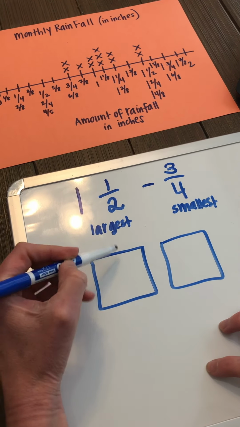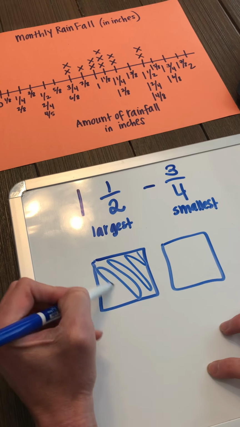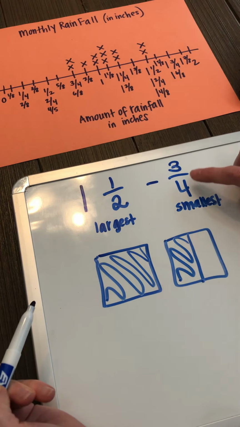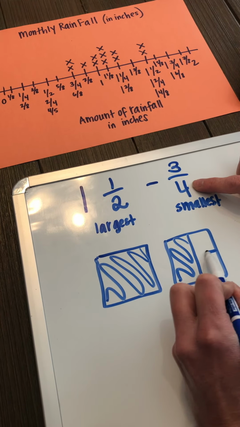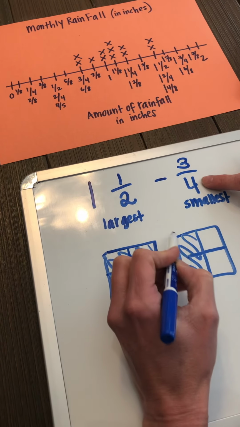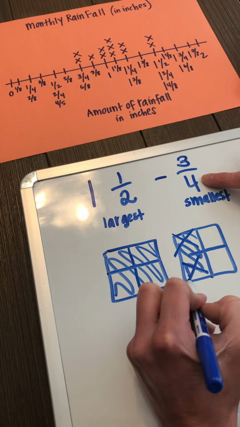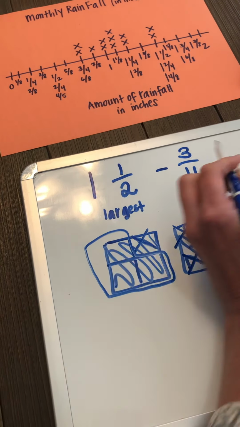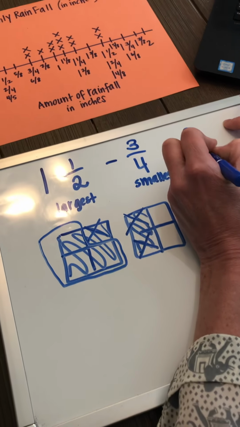So if I represent this as 1/2 and 1/2, and I want to take away fourths, I've got to make sure both of my models are partitioned into fourths. And then I can take away 1/4, 2/4, 3/4. I am left with 3/4.